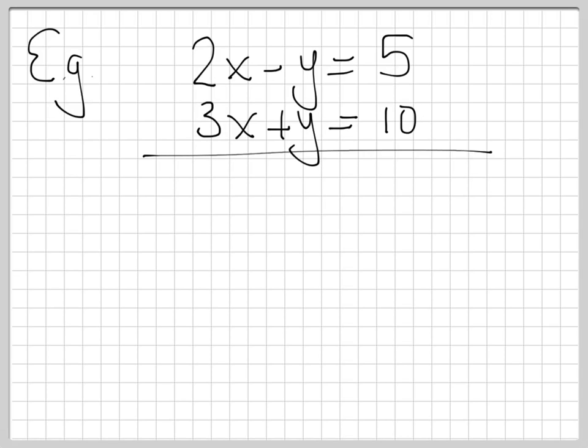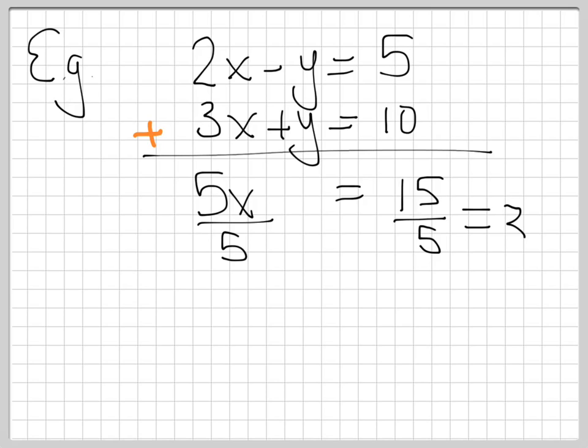And if we add our equations, we get 2x plus 3x is 5x, y take away y is 0, equals 10. Oh, sorry, equals 15. And if we divide both sides by 5, then we get that x is 3. So down here we get x is 3.